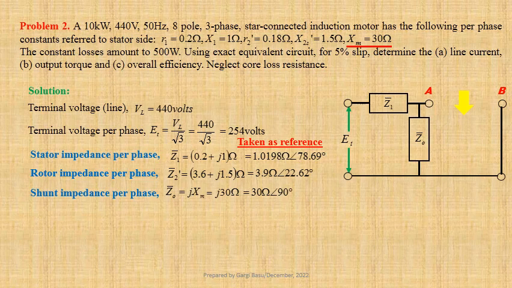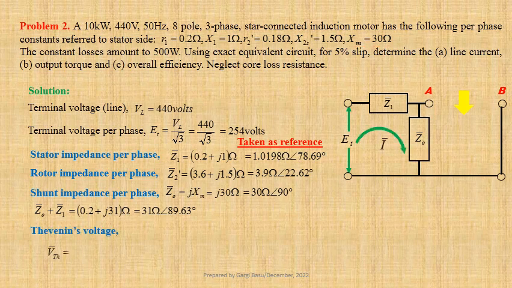Let us now calculate Z0 plus Z1. Using values we get 0.2 plus J times 31 ohm. This may be written in polar form as 31 ohm at an angle 89.63 degree. Expression for Thevenin's voltage VThevenin equals Z0 into I, that is equal to Z0 into ET divided by Z0 plus Z1.